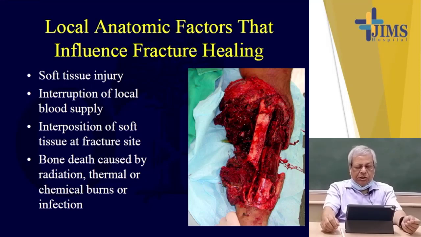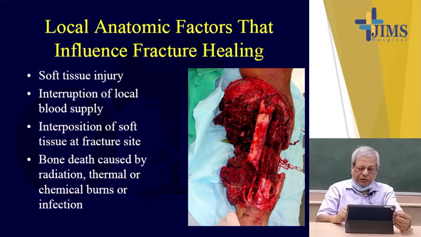There may be interposition of soft tissue at the fracture site. I mean, if it is not perfectly reduced, this soft tissue may come within this fracture area, within these bones. In that case, this fracture is not going to unite.